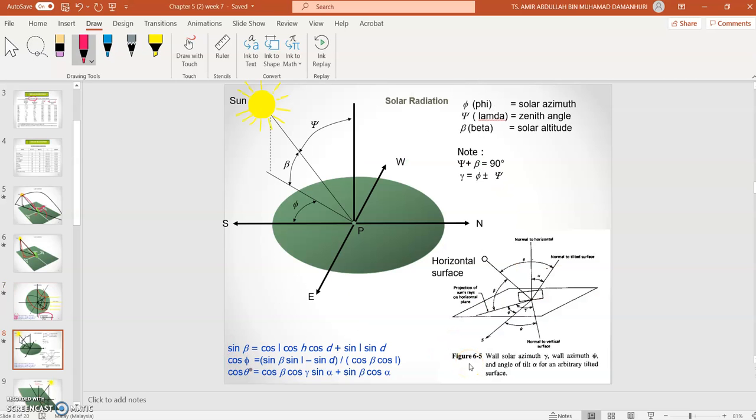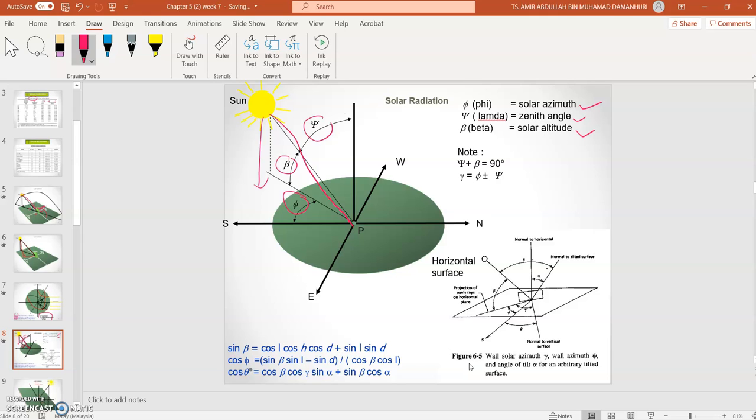Alright, so the phi is referred to the solar azimuth here, and then the lambda is the zenith angle, and then the beta is the solar altitude. So if this is the example, if the sun is here, the lambda will be located here, this is the direct radiation of the sun, but from the sun to the ground here is what we call the beta, and then the lambda will be here, and then the phi will be measured from the south to the beta line here.